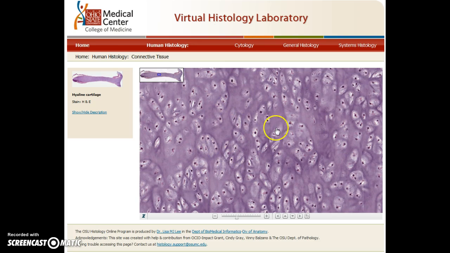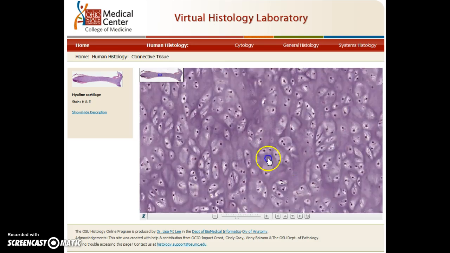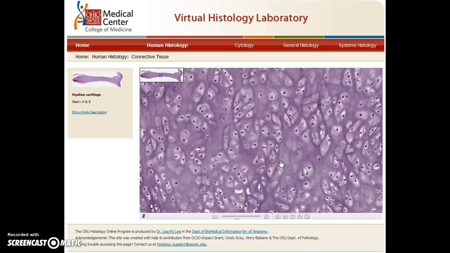And then all of the non-living matrix is surrounding the cells. And each cell is located in a little chamber called a lacuna. So there's lots of lacunae in this slide with chondrocytes, the living cells, located within them. And so this is hyaline cartilage, found connecting the ribs to the sternum, or at joint surfaces, the trachea, several different places that you would be able to find hyaline cartilage.